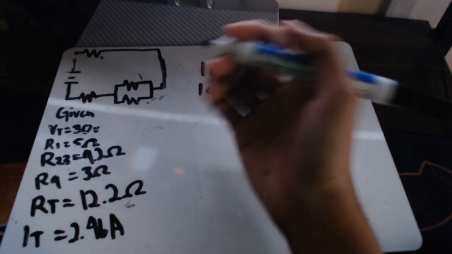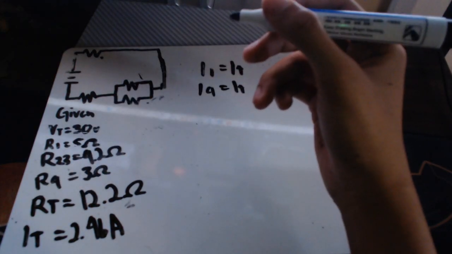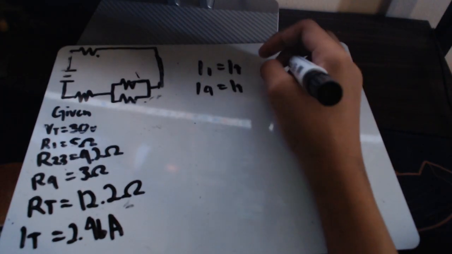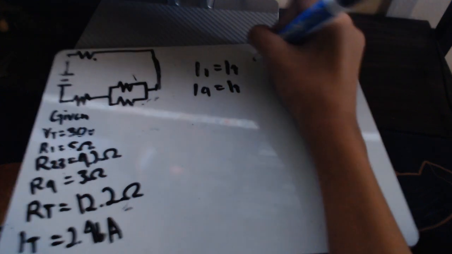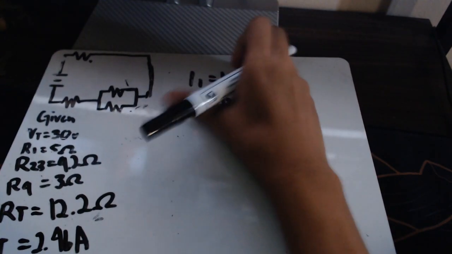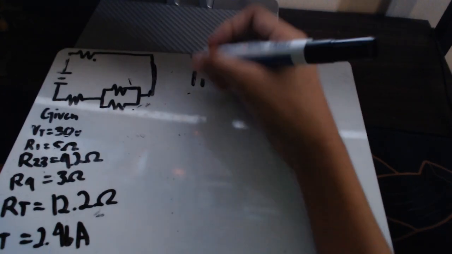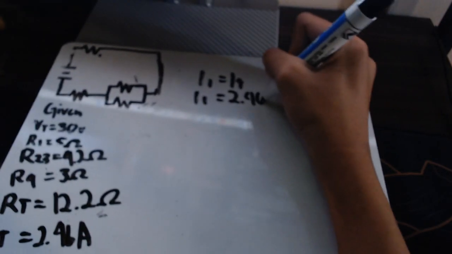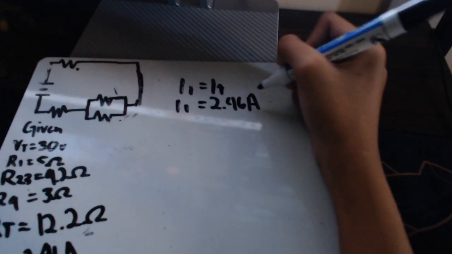So therefore, if the I total is 2.46, the I1 would be 2.46 amperes.